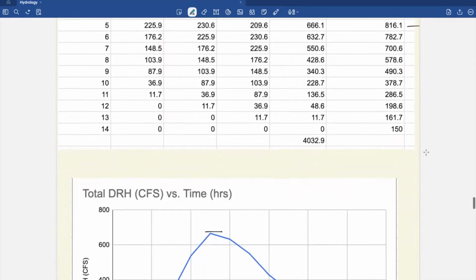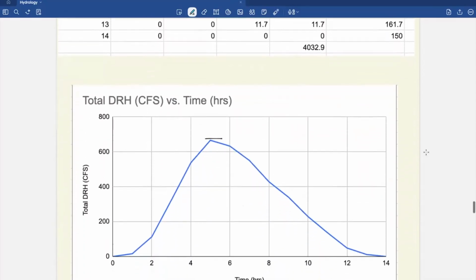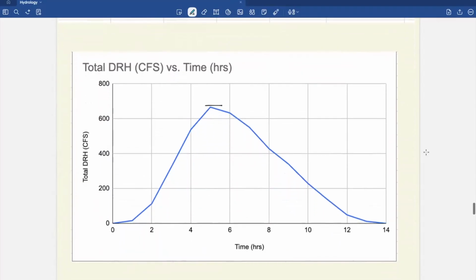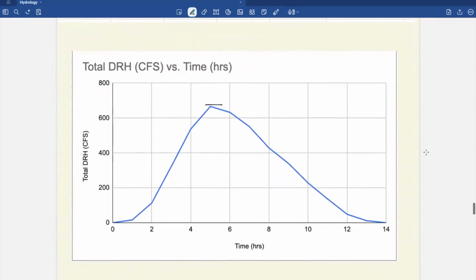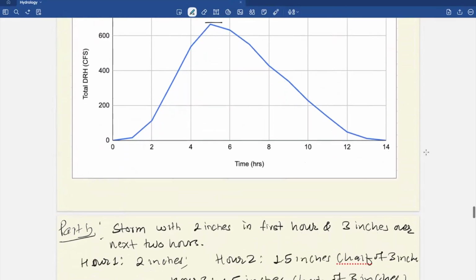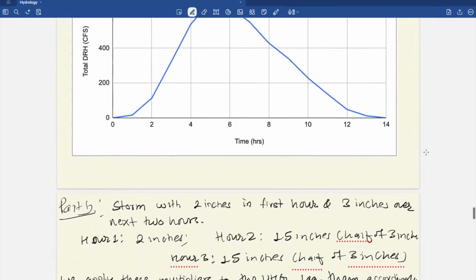And for part B, the non-uniform storm, that is 2 inches in hour 1, and for the next 2 hours it will be 3 inches, and we can divide that by 2 to get 1.5 for the second hour and 1.5 for the third hour.